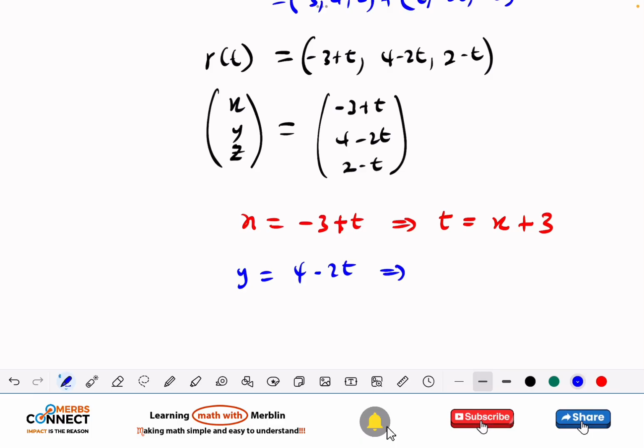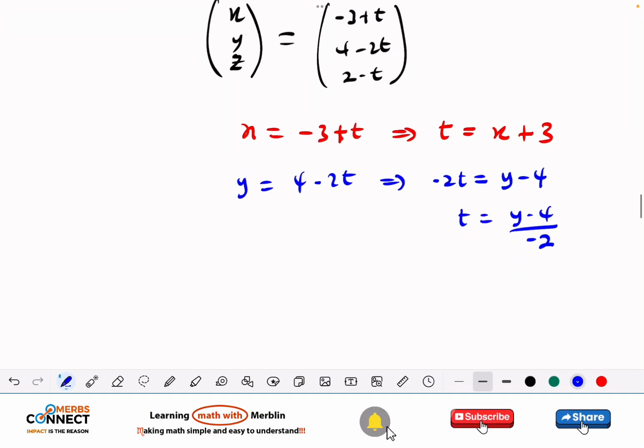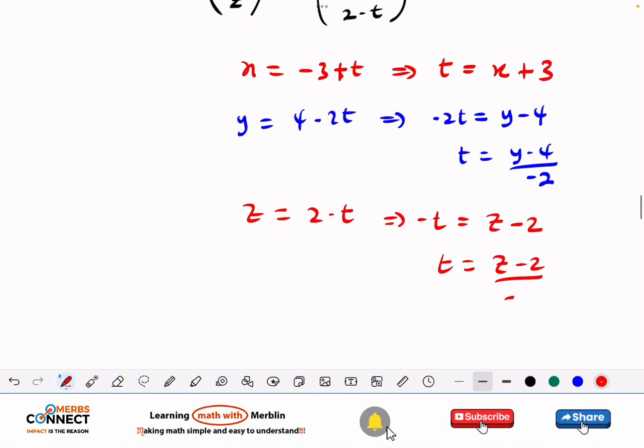This implies that minus 2t is equal to y minus 4, and t is equal to y minus 4 divided by minus 2. Is that right? Yes. And then z is equal to 2 minus t, and this implies that minus t is equal to z minus 2, and t is equal to z minus 2 divided by minus 1.